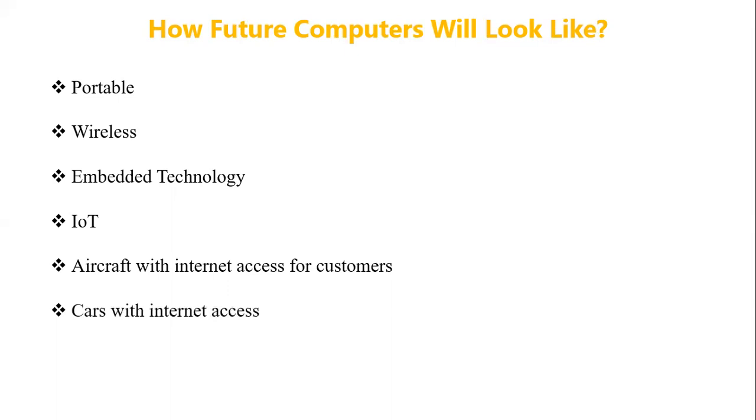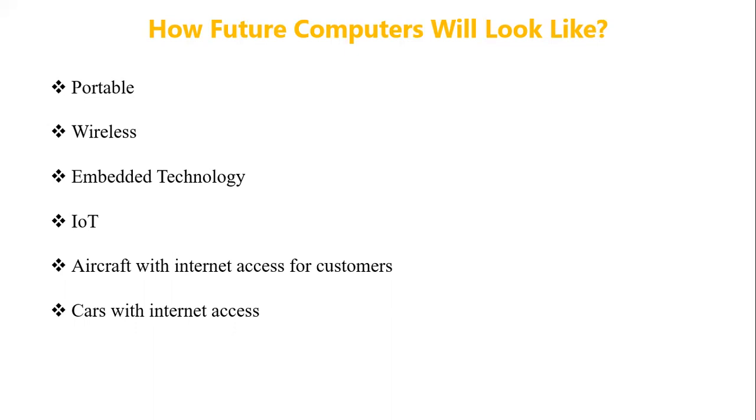Similarly, the cars or vehicles in the future will have internet access. Today's vehicles do have internet access to a certain extent. The cars will be able to communicate with the neighboring cars and understand the traffic pattern, and if there is any accident, that will be communicated to the cars coming from behind, so that they can slow down.